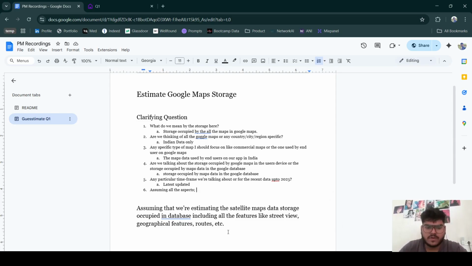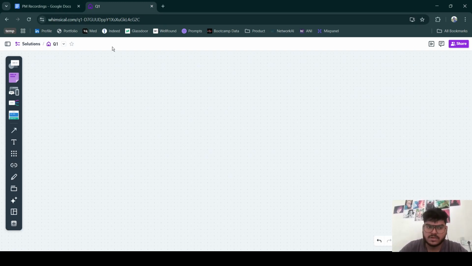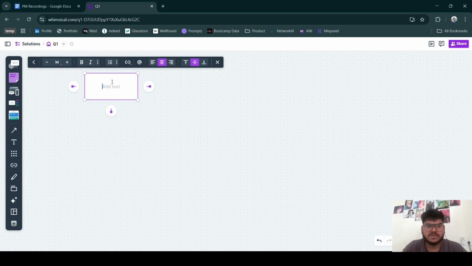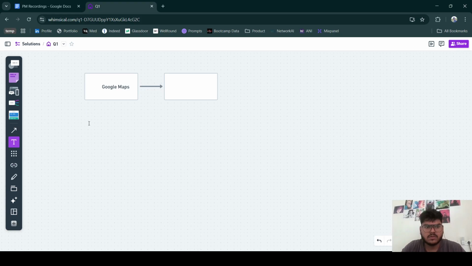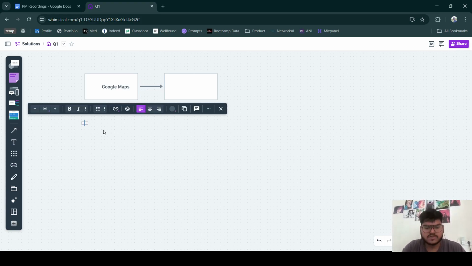As per my approach, I'm going to use different range scales for the illustration. There are multiple features in Google Maps. The first one is that it contains coordinates of all the points on the map.